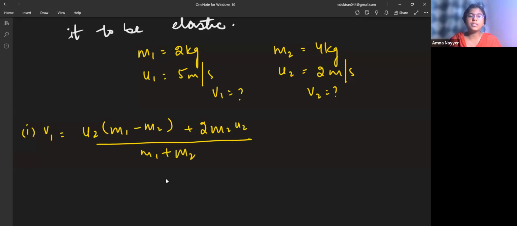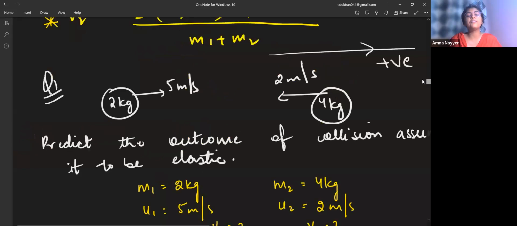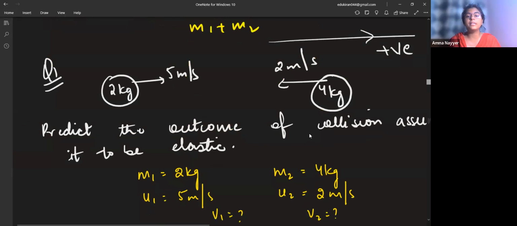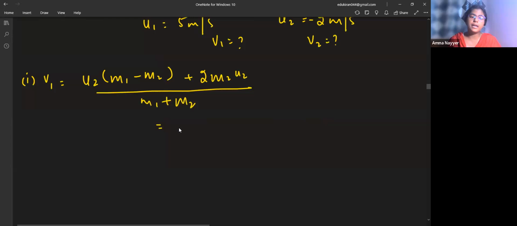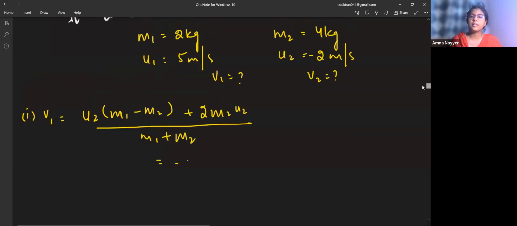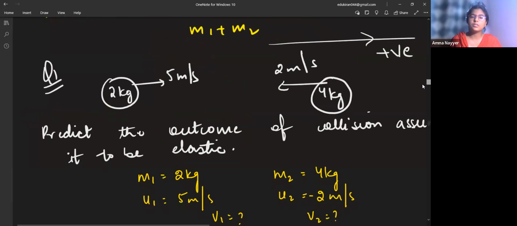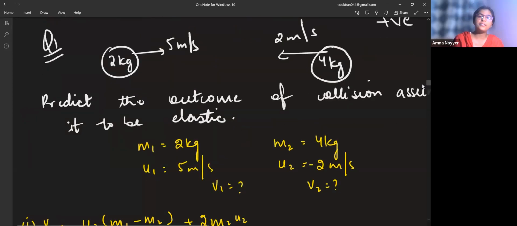So substitute in the values. Let's put in the sign convention also. If leftwards is negative, U2 will be minus 2.